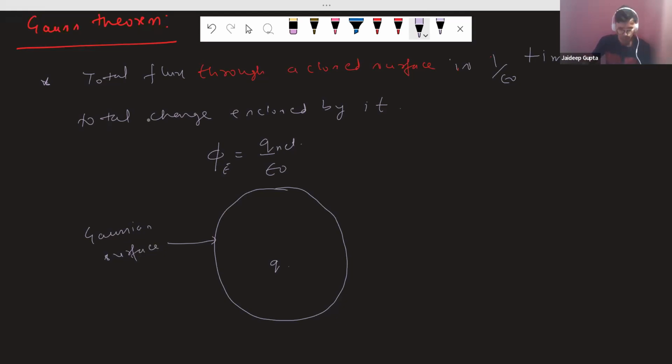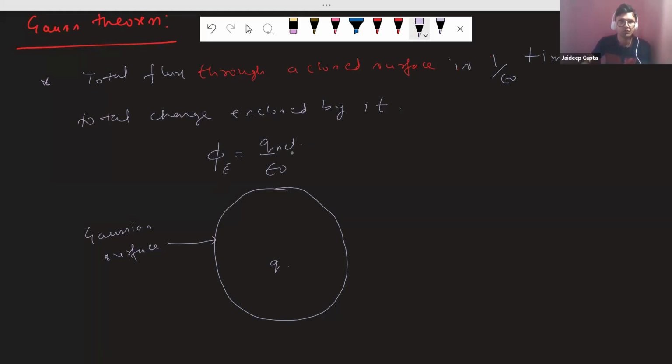So Gauss theorem states that the total flux through a closed surface is 1 over epsilon times the total charge enclosed by it.